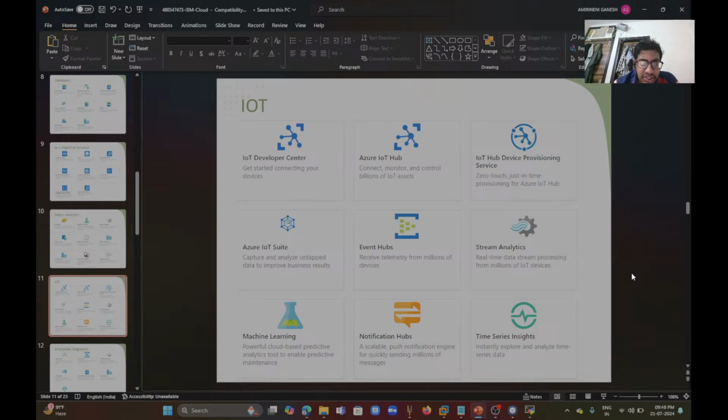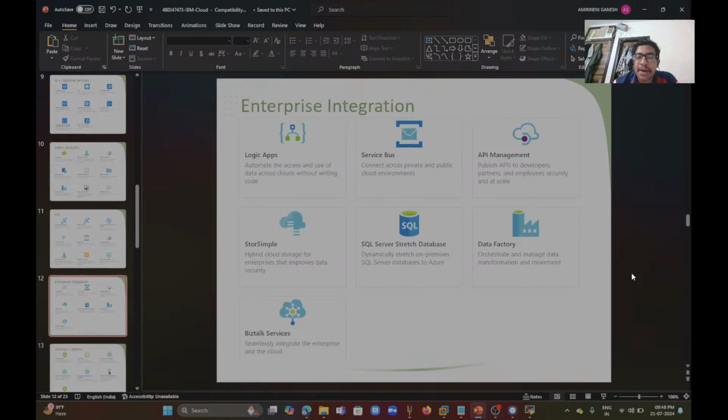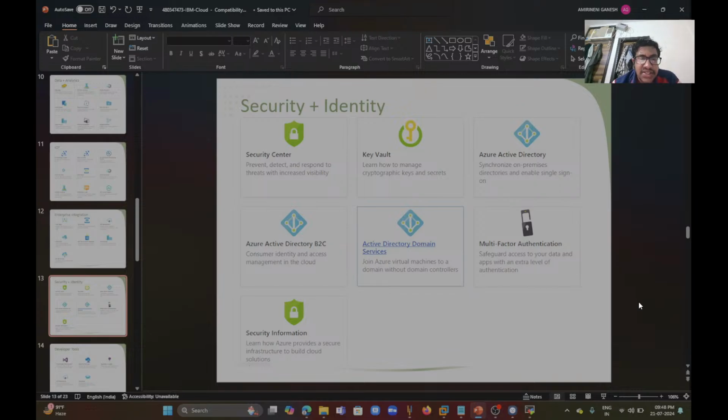Azure Machine Learning, Enterprise Integration, Service Bus, SQL Stretch Database, and Data Factory, and Security and Identity, Key Vault. In CyberArk also a vault database is there. Like that, here also Key Vault is there. Active Directory Domain Services, Multi-Factor Authentication for your instance.